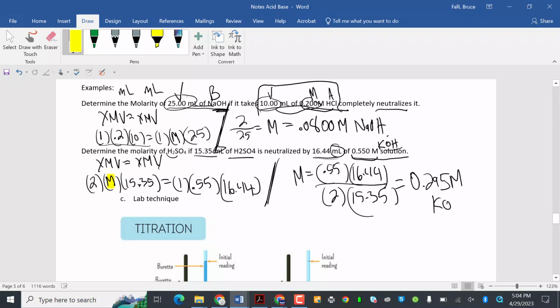Nope, that's H2SO4. 0.295 molar H2SO4. All right, so that's the math part.